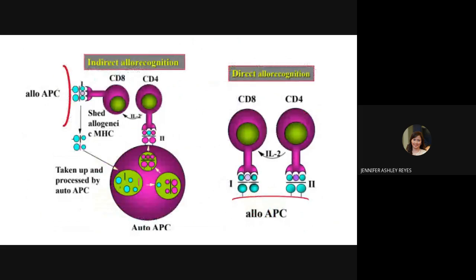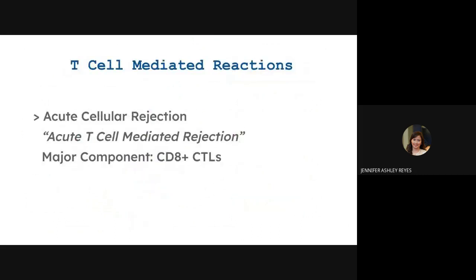Okay, so this is just another illustration of the direct and indirect allo recognition. Now, we go to your T cell mediated reactions. So we have our T cells serving a critical role in transplant rejection. So meron tayong tinatawag na acute cellular rejection, pero our T cells can also mediate chronic rejection.